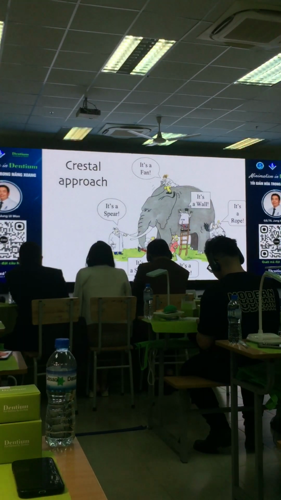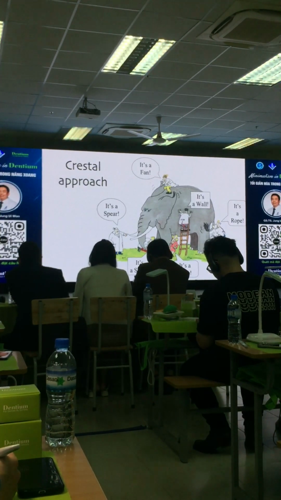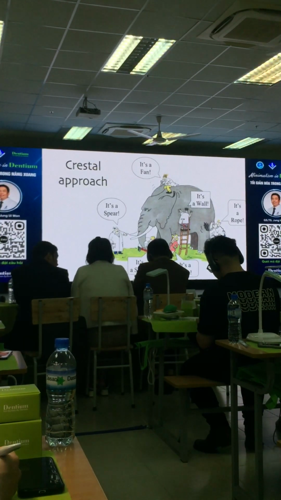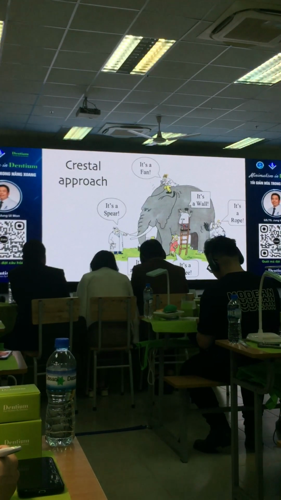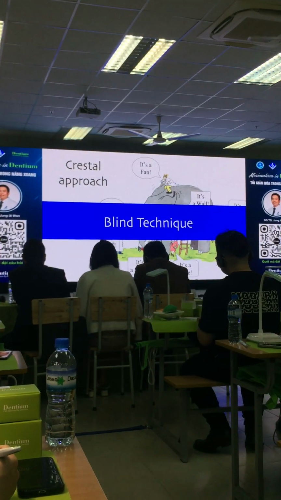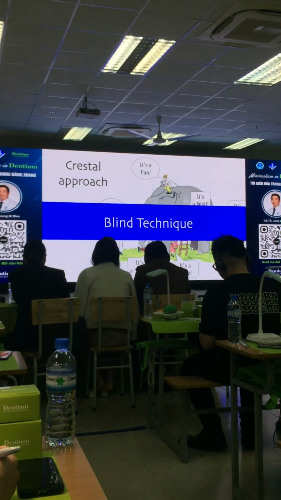In spite of the less invasiveness of the crestal approach, like the blind man and the elephant, visual access is limited in this procedure. The success of surgery relies on the experience and anatomical knowledge of the surgeon. Therefore, the crestal approach has the downside of being a blind technique, and tapping with a mallet may cause unpleasant feelings and positional vertigo.